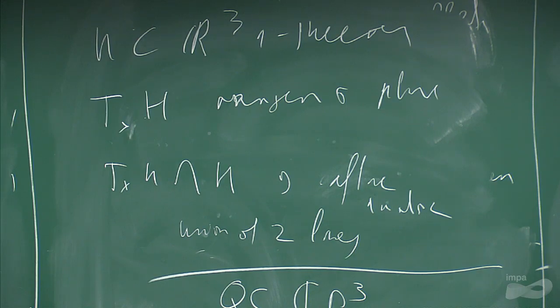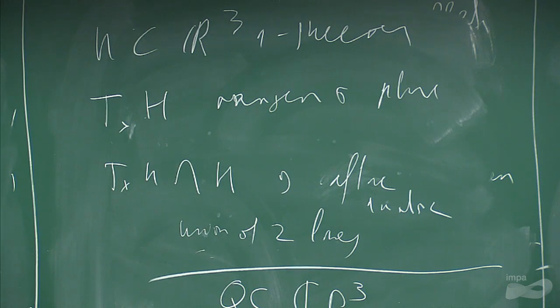But then it will again be a union of two lines, which are distinct because otherwise it would be singular, and it's definitely non-singular. So you obtain two lines, and these two lines correspond to this decomposition.